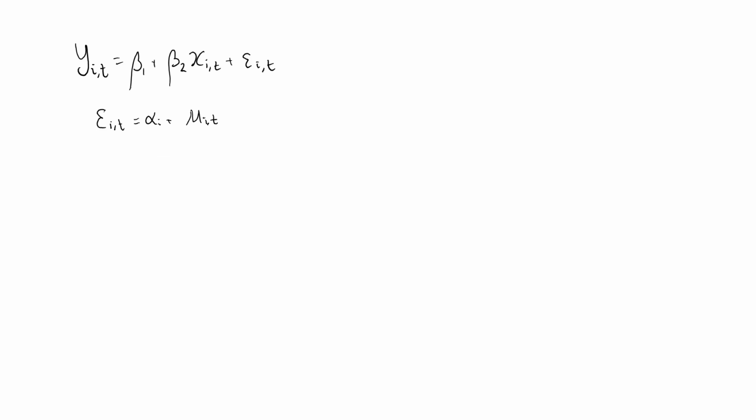To consider a concrete example, let's say that y_it is the production of milk in farm i at time t, or it could be the log production of milk, makes no difference. x_it is the number of cows, or perhaps the log of the number of cows. We would expect beta 2 to be positive.